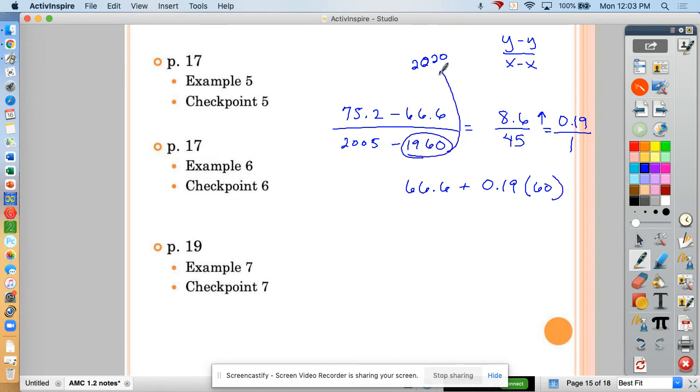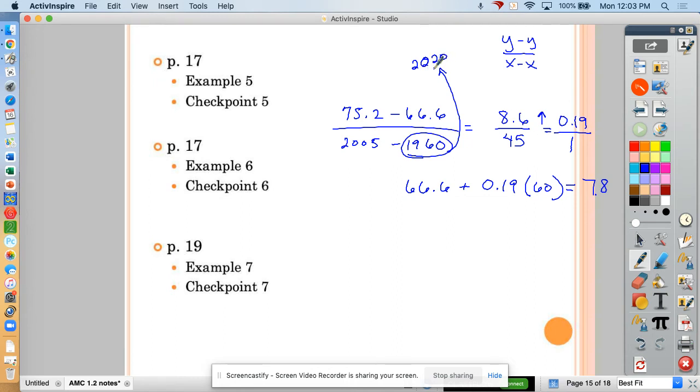This is where we started, and this is where we want to go. So it's 60 years. When I plug that in, I end up getting 78 years old, which is what we expect somebody to live when they are born in the year 2020.